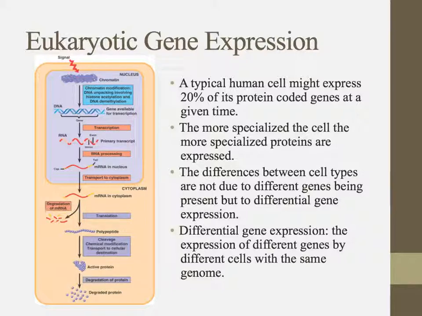Scientists have discovered that the differences between cell types are not due to different genes being present, but different gene expression. So differential gene expression is very important, and that causes the cells to be able to differentiate inside a human genome that is the same. Getting different cells from the same genome is the really important key of differential gene expression.